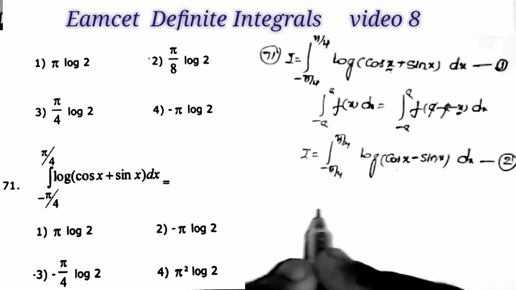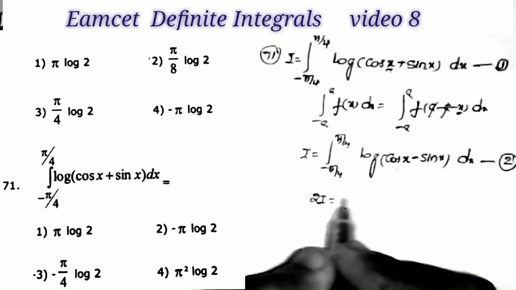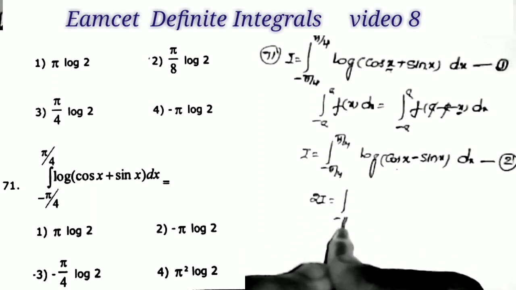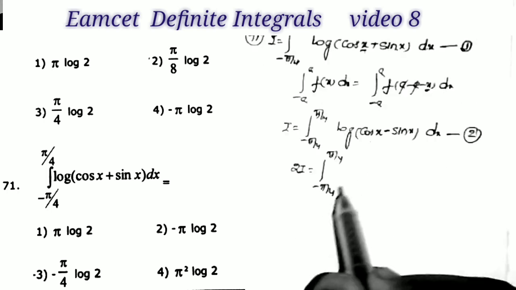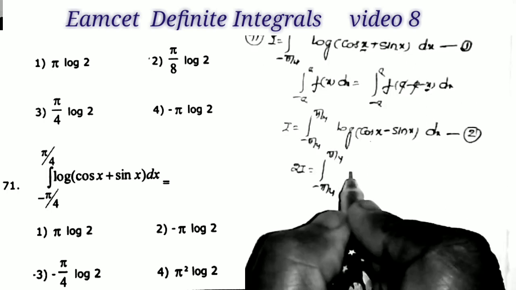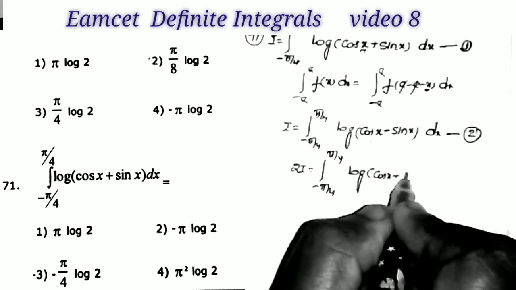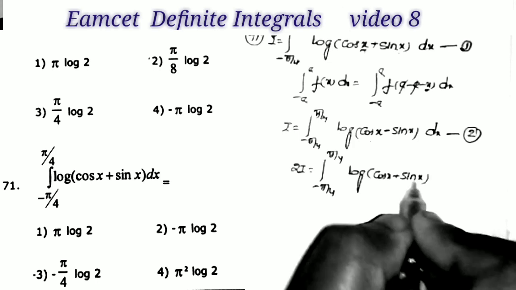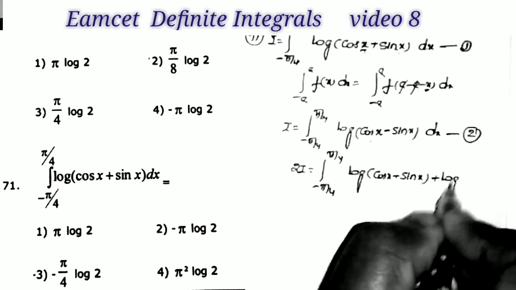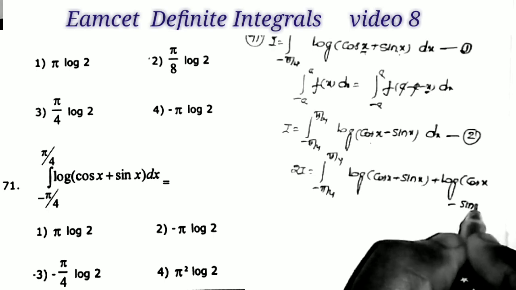Now adding these two equations, that is I plus I, 2I is equal to, writing the same integration symbol here, minus pi by 4 to pi by 4, first value plus second value, that is log of (cos x plus sin x) plus log of (cos x minus sin x) into dx.